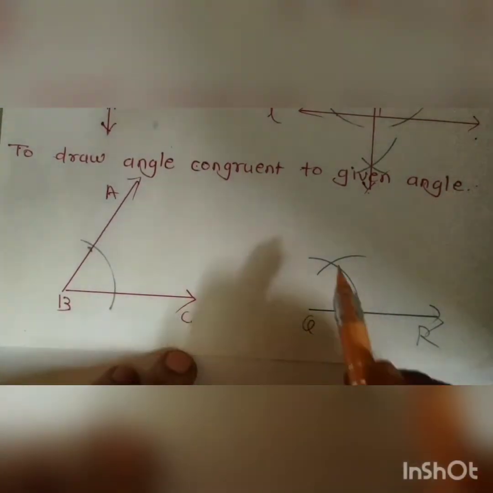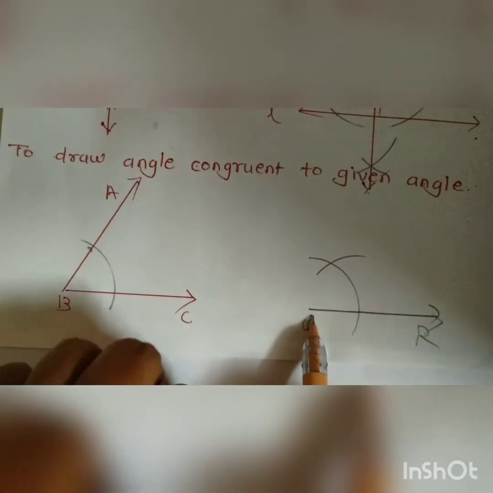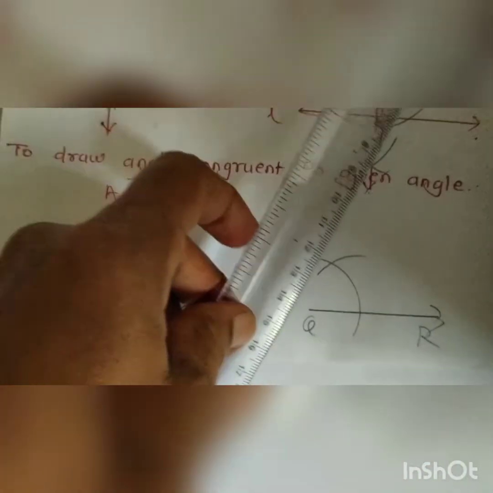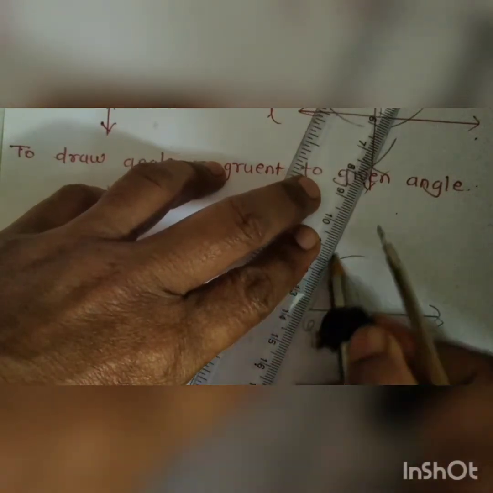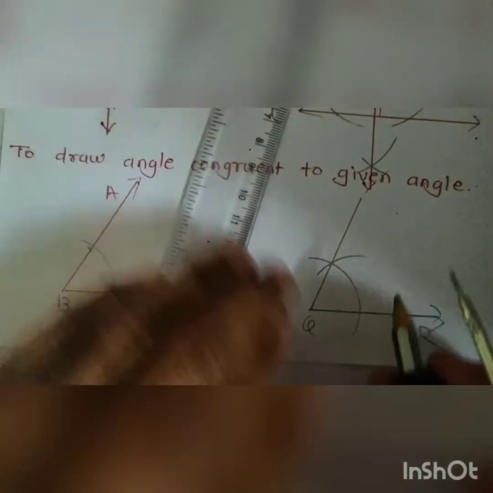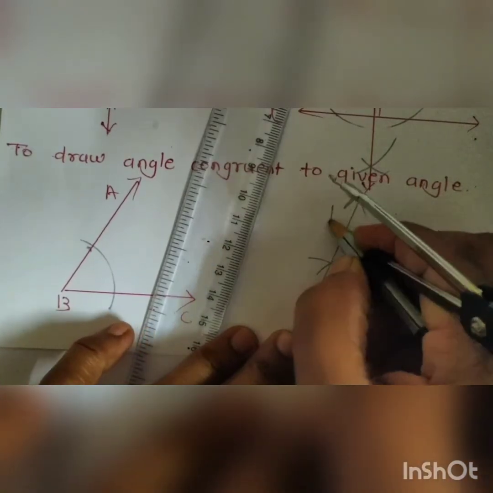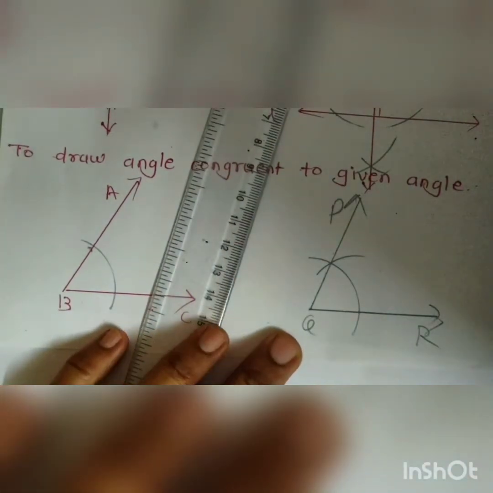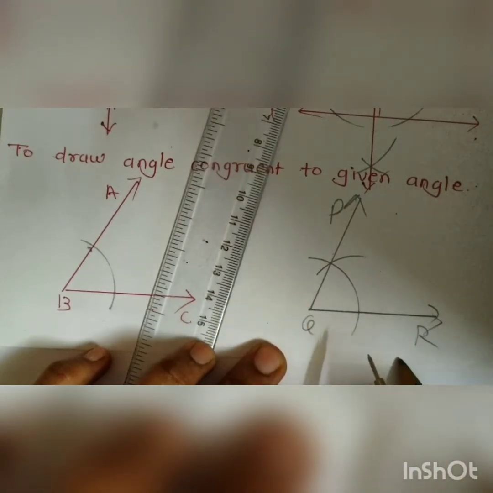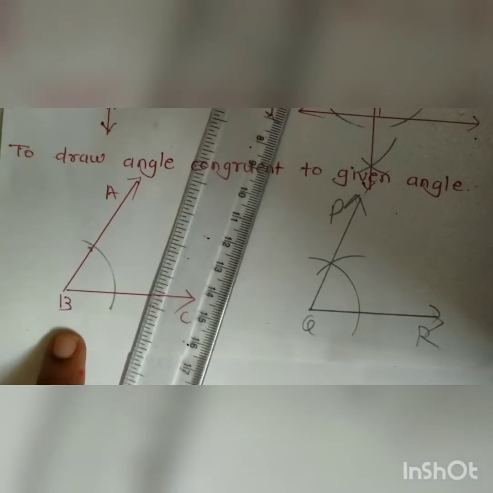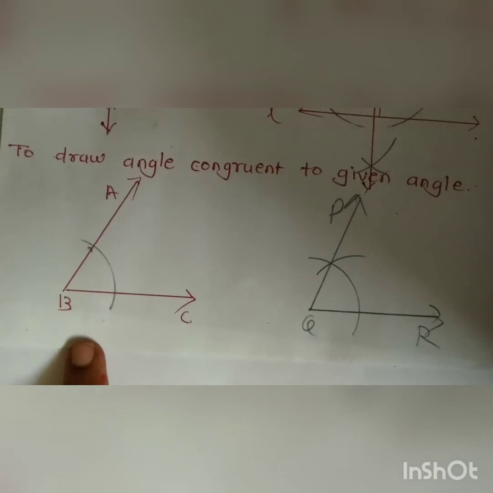When we join this point of intersection and vertex Q, the ray passing through Q and that point, suppose QP, this angle PQR is congruent to angle ABC.